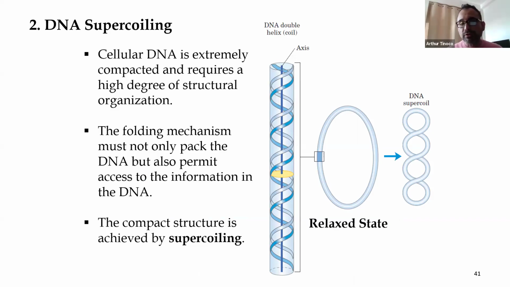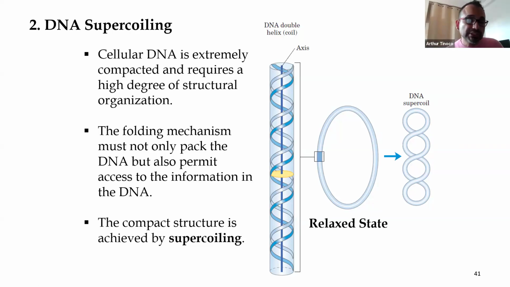So what we have here is a representation of this, where we have this double helix of DNA, that classical model. You have the long axis, but then it starts to coil up, and it coils up in such a way that you get this type of structure here, which basically is the strand turning into itself.